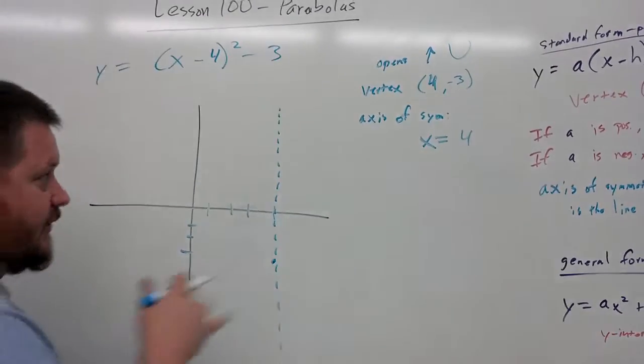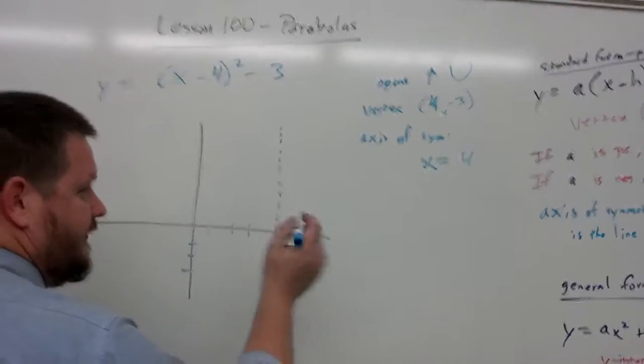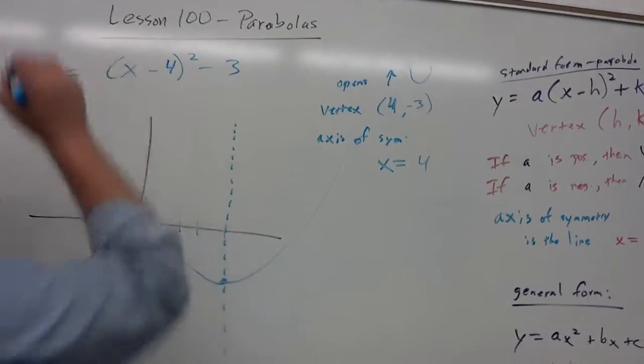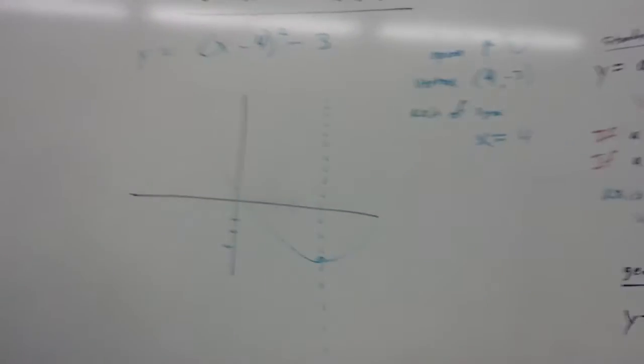For our purposes, since we're just learning parabolas, this is good enough for now. If we have this dot here, we know it's going to open up, kind of like that.